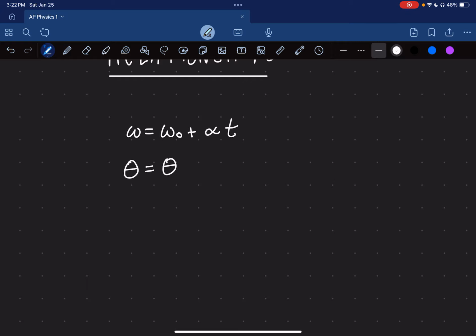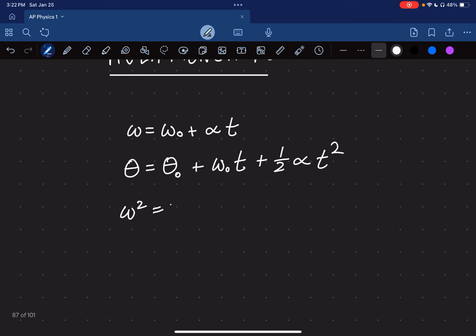Theta equals theta naught plus initial angular velocity times time plus 1/2 angular acceleration times time squared. Final angular speed squared equals initial angular speed squared plus 2 angular acceleration times (theta minus theta naught). Of course, these are our kinematics equations for rotation.